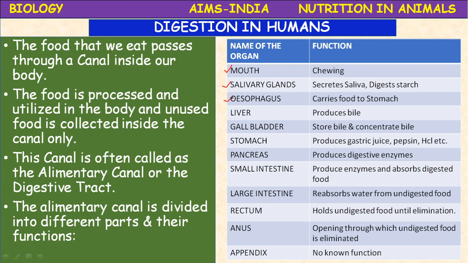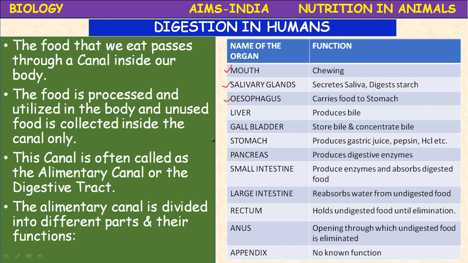So there is no special digestion that takes place in this esophagus. In the esophagus, the food moves by a wave-like movement called peristalsis, which you will study in higher classes. So the esophagus's main function is that it carries food to the stomach. It acts like a bridge between the mouth and stomach.